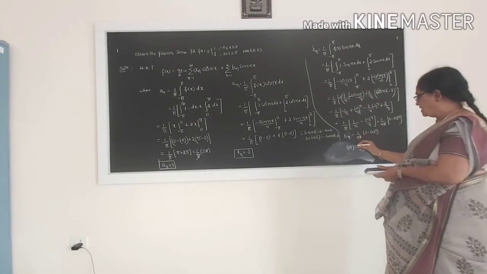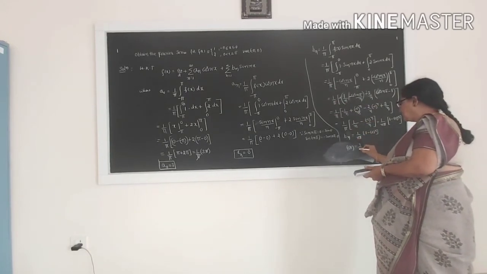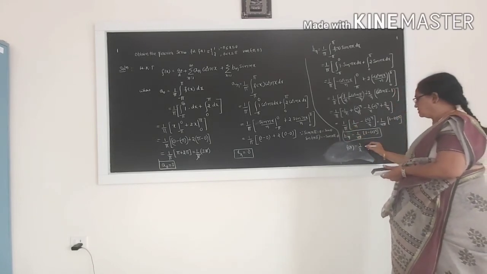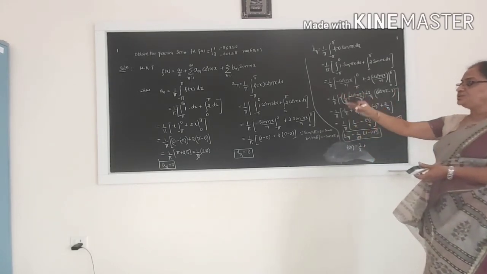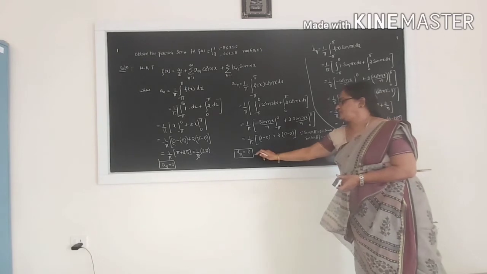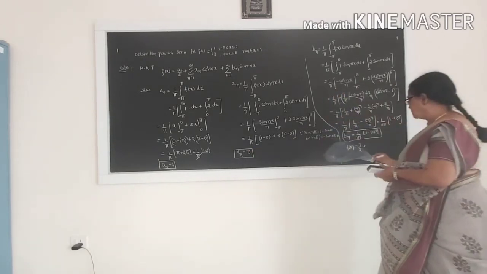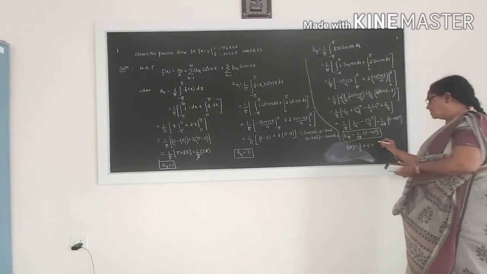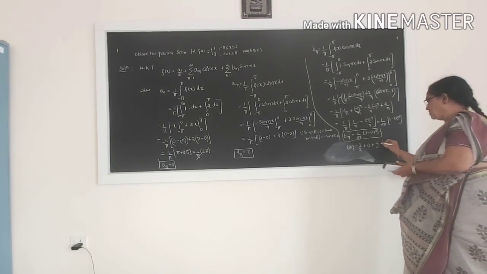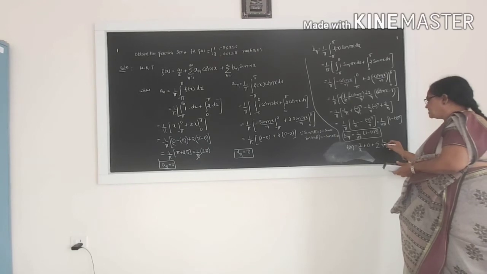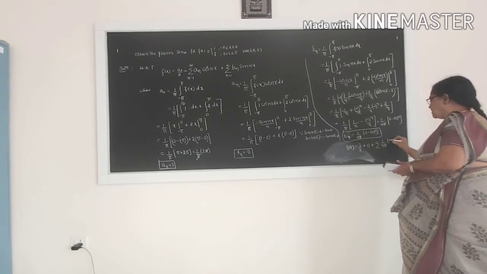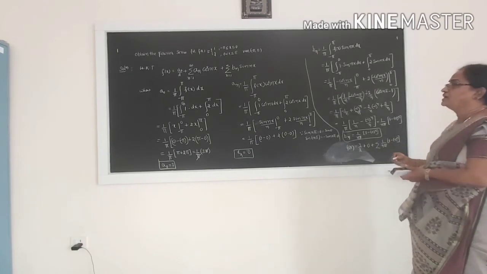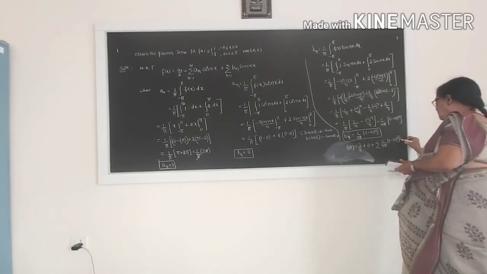I substitute the value there. It is a naught by 2 plus summation an into cos nx, where an itself is 0. 0 into anything is 0. Okay. Plus summation bn, which means summation 1 over n pi into 1 minus of minus 1 whole to the power of n into sin nx.